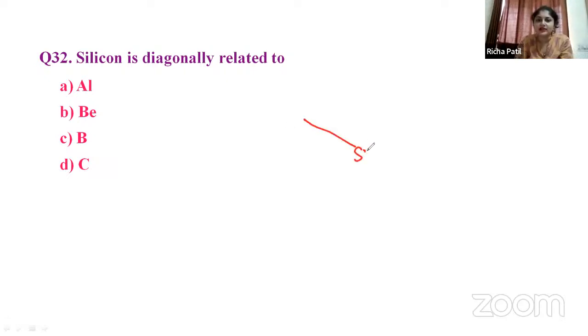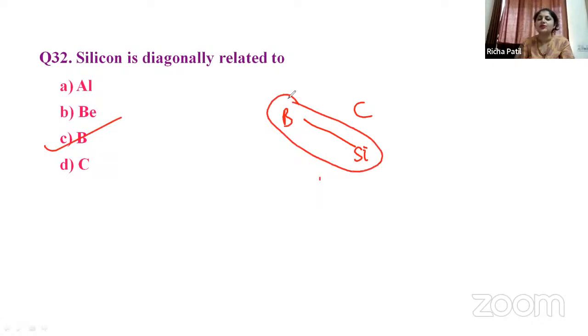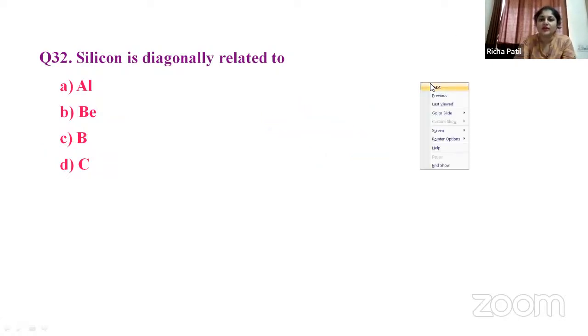Silicon is here, right? Carbon, silicon. So diagonally it is related to boron. So C is the answer. Boron is the first element of group 13 and silicon is the second element of group 14, so these are diagonally related to each other. So boron is the right answer.